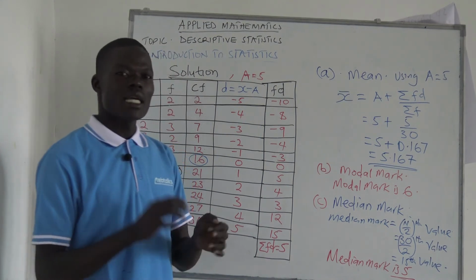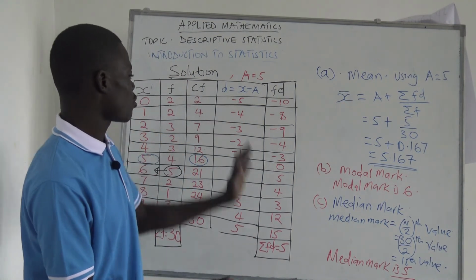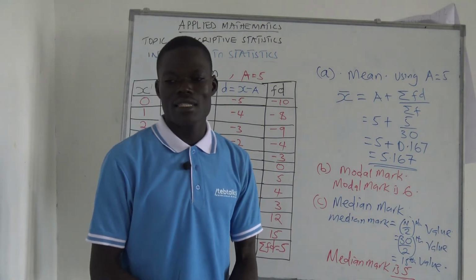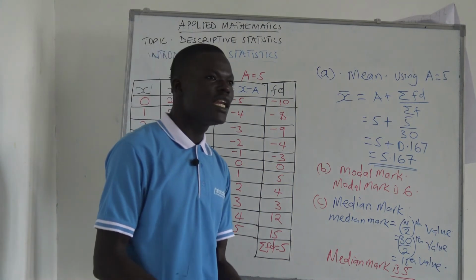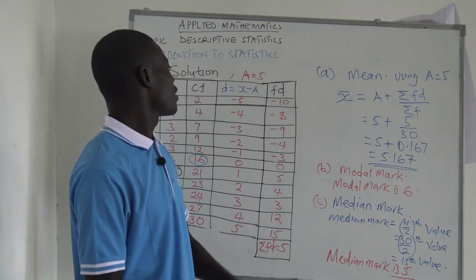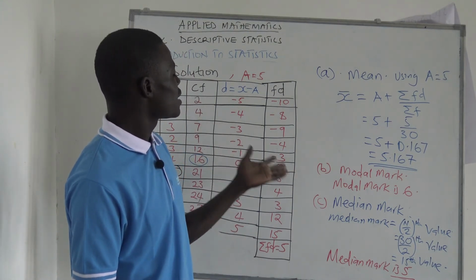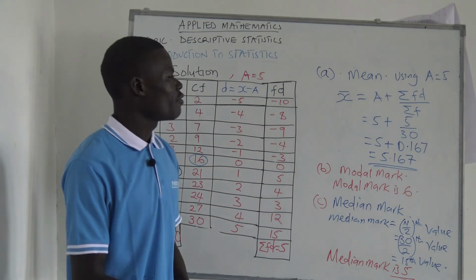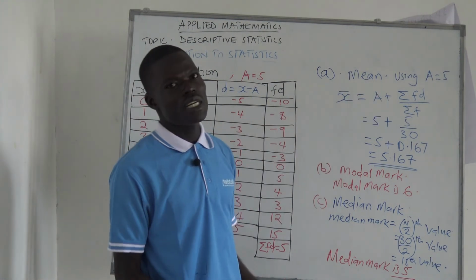So that's how we measure the central tendencies. We have looked at 3 examples of measuring central tendencies. In the first example, we calculated mean, mode, and median using their formulas. In the second one we used the same formula, but in the third one we put in a different formula, that is using assumed mean.